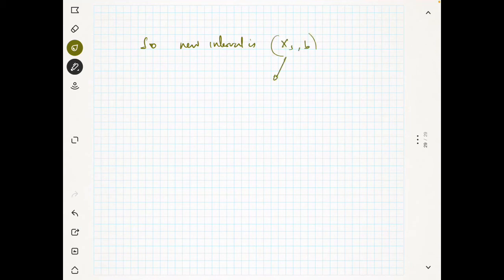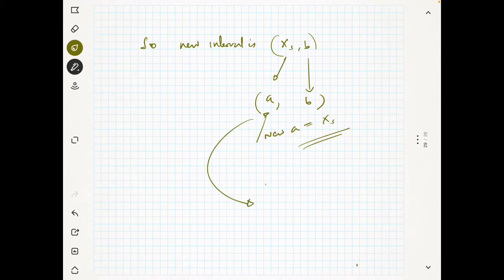That is, your new a is xs1 and new b is b itself, your old b, the same. After that you will find the average again and repeat.